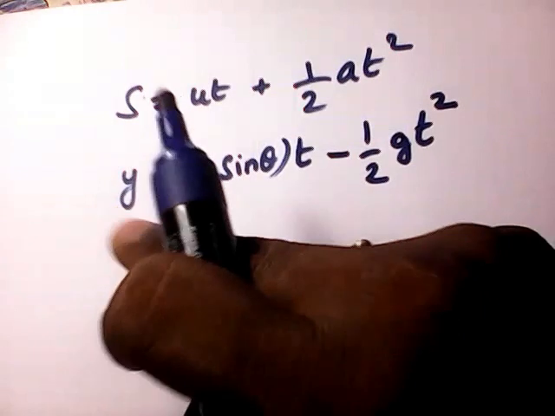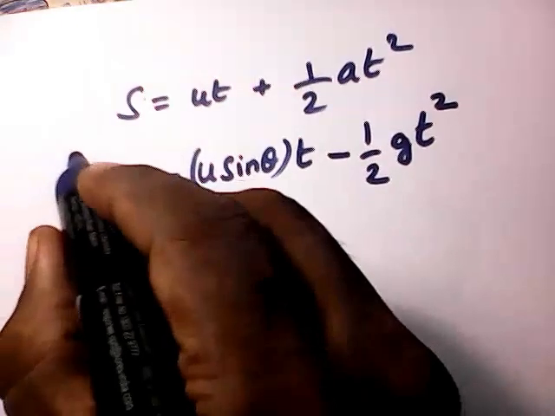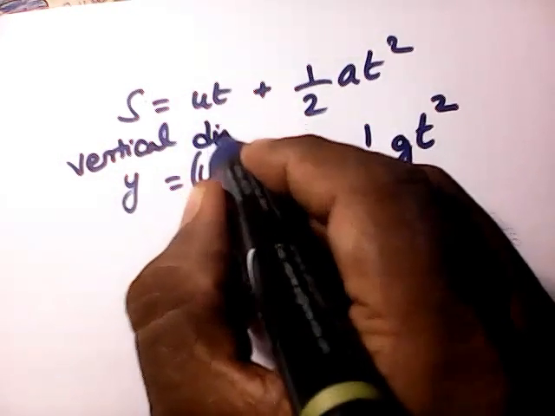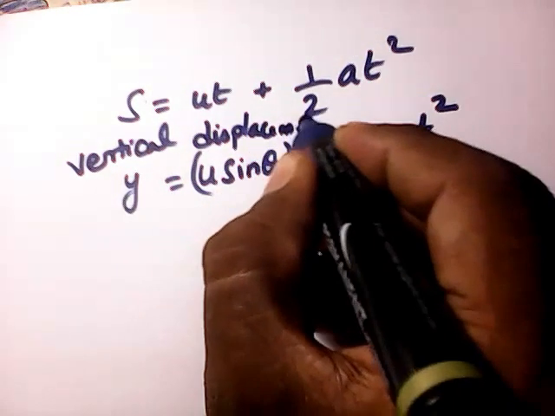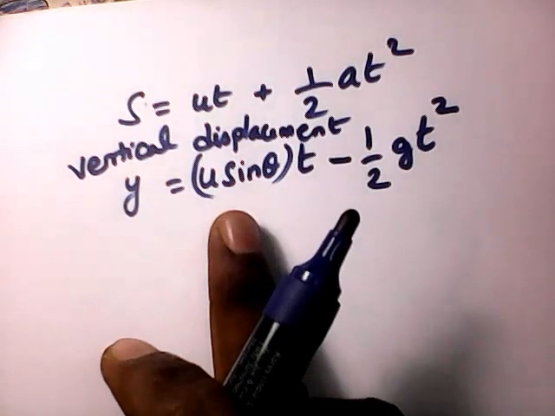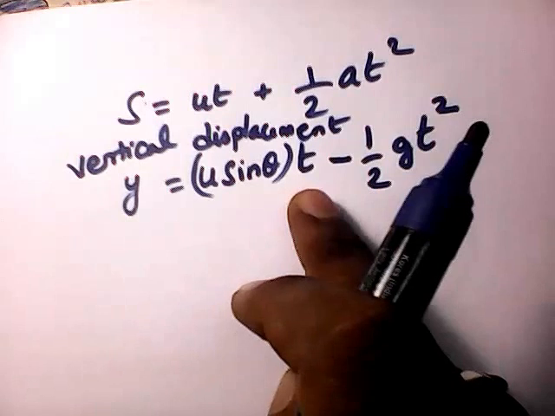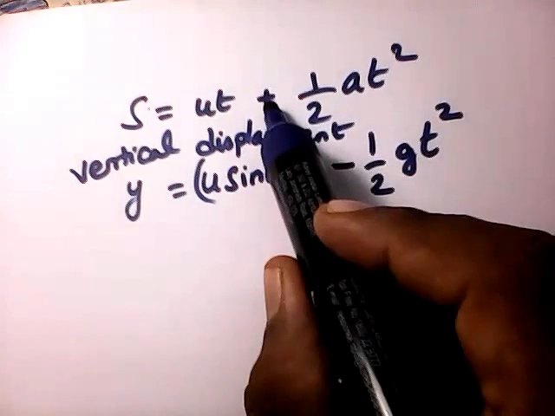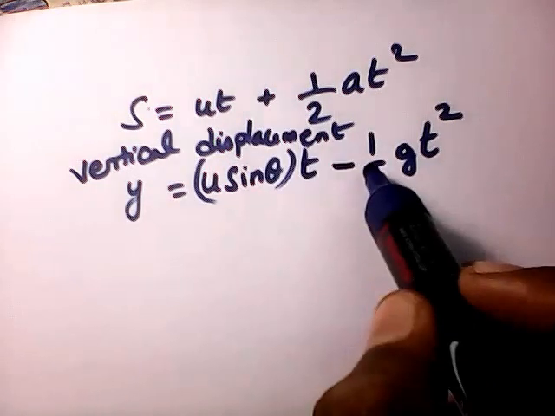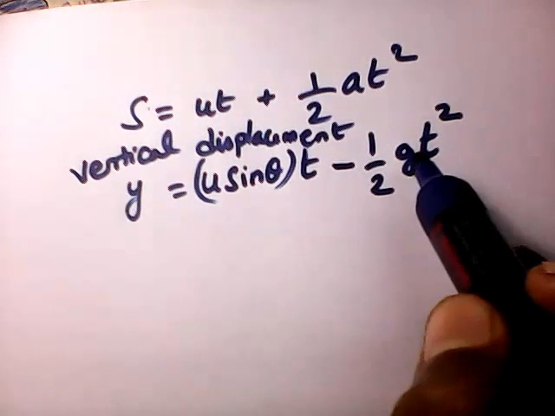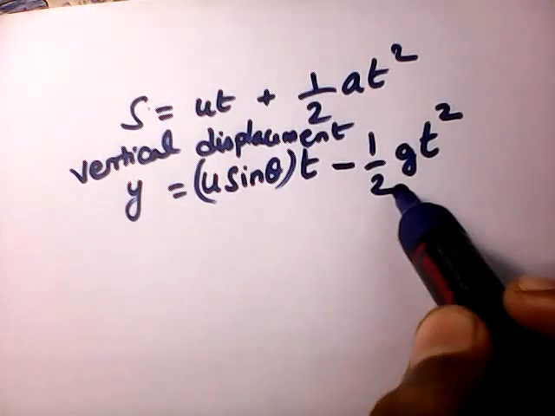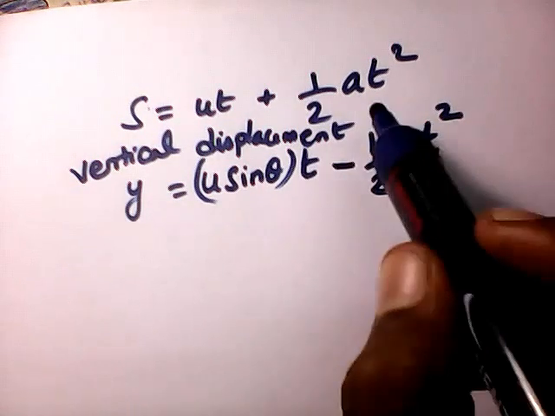I repeat once again, when we take the vertical displacement y, u sin theta is the vertical velocity and t is the time taken. Here the plus half is changed to minus half because the velocity goes against the acceleration due to gravity.